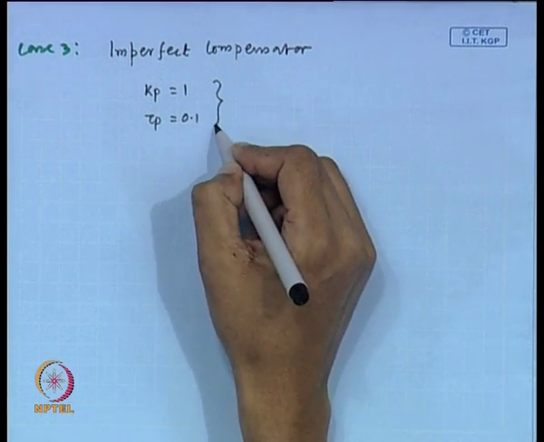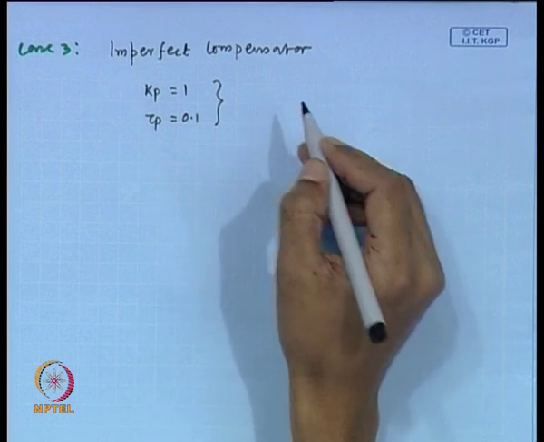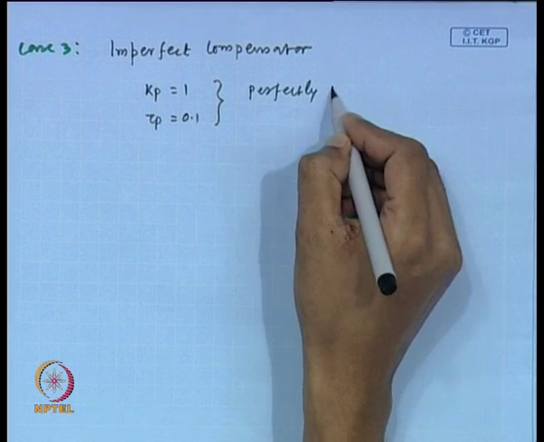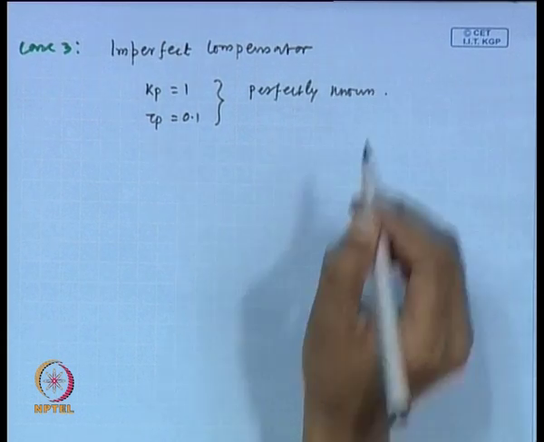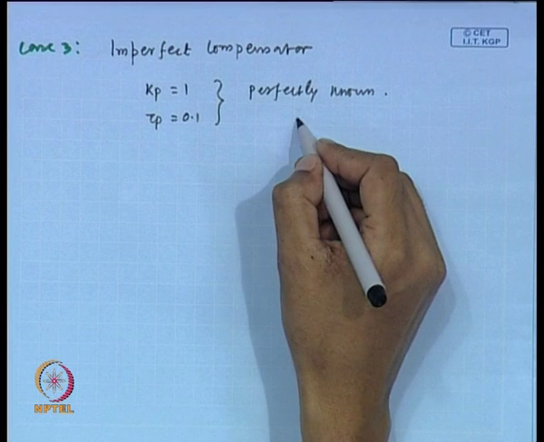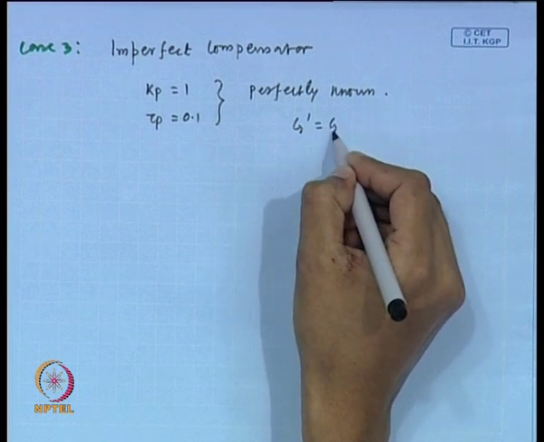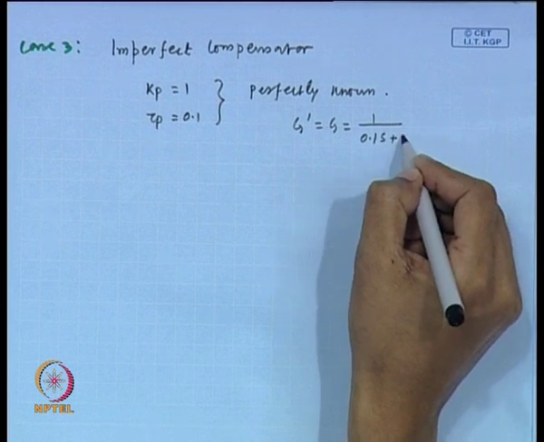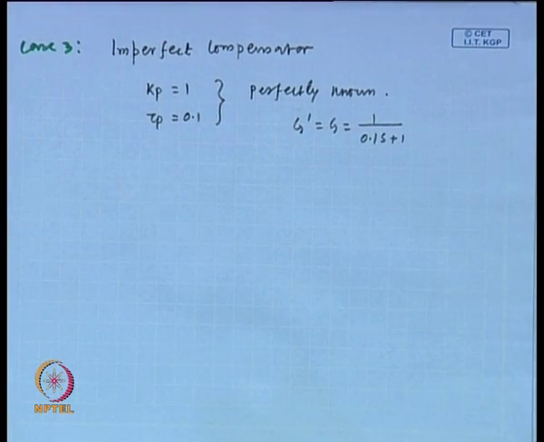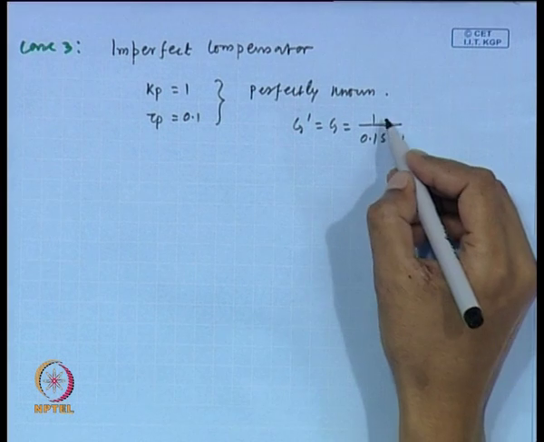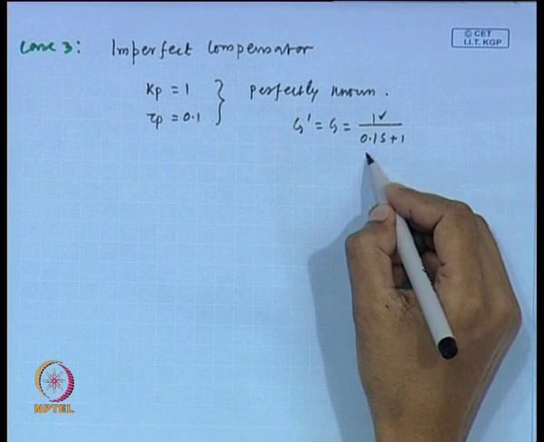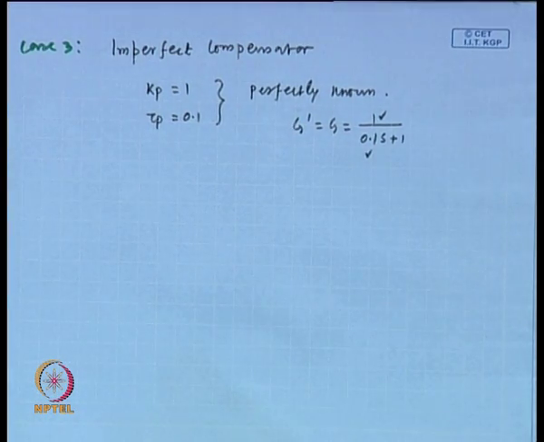Suppose these two are perfectly known. That means Z prime equal to Z equal to 0.1 s plus 1. This is the Kp, which is 1, this is tau p, which is 0.1.